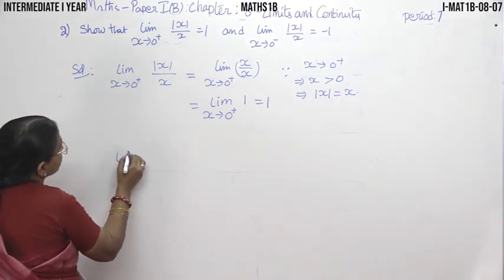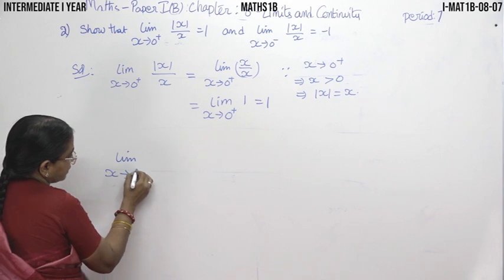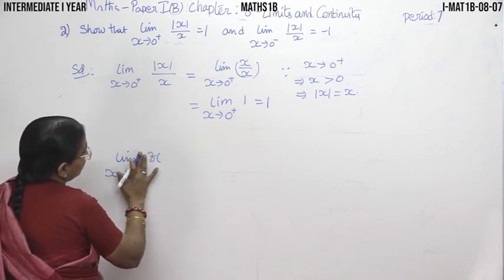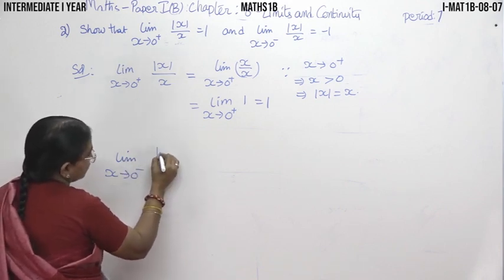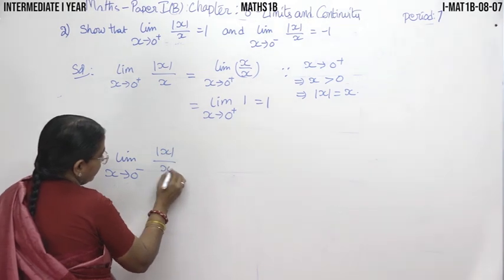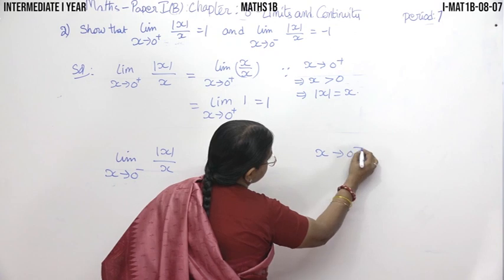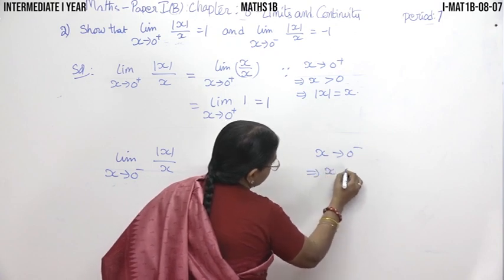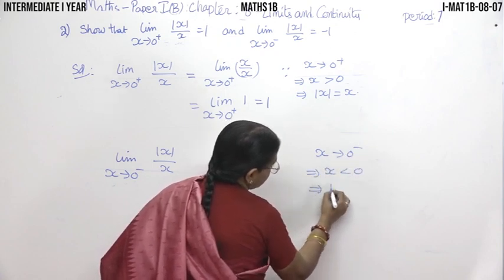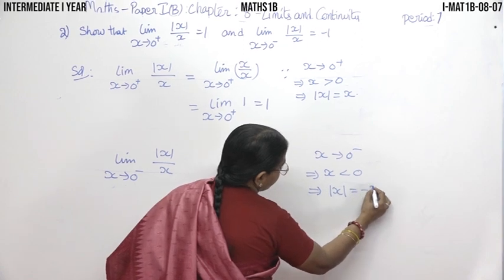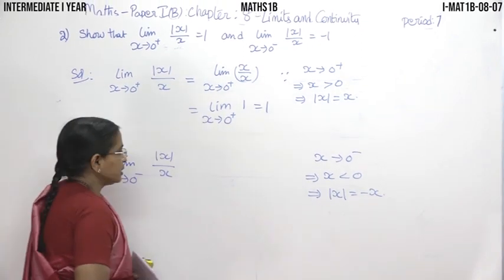Now next limit. Limit as x tends to 0 minus of |x|/x. When it is 0 minus, x tends to 0 minus means what? x is less than 0. When x is less than 0, what is the definition of |x|? |x| is -x.